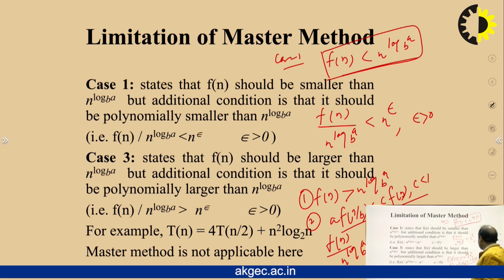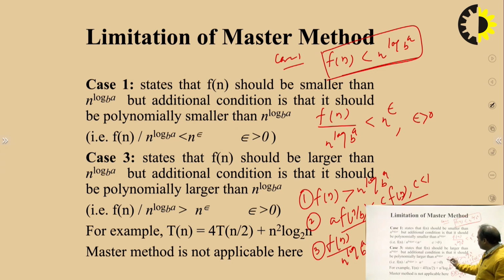So we need to check three conditions in master method. If these are applicable, then only we apply case number 3. Otherwise, we say that master method is not applicable.